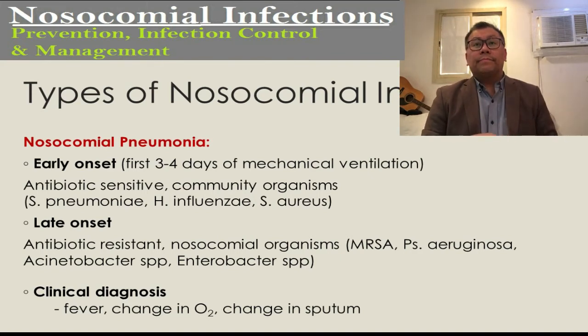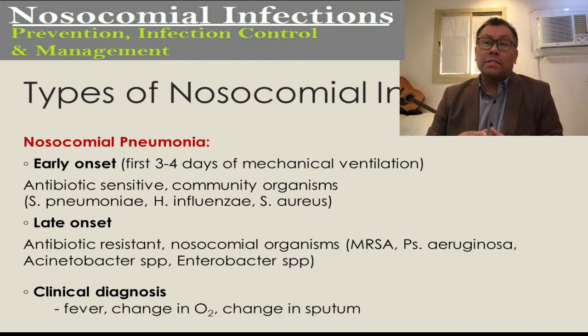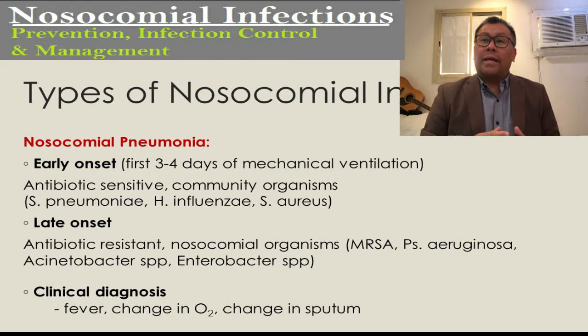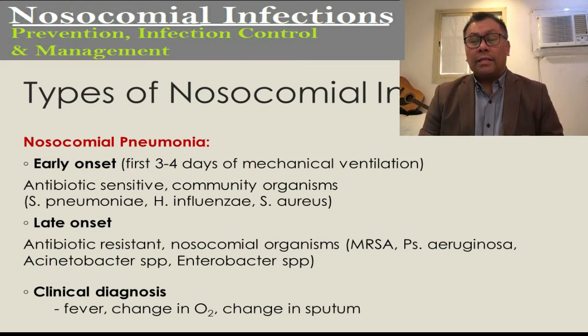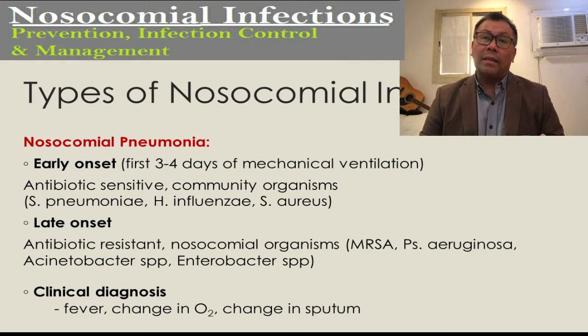Nosocomial pneumonia, the early onset for this one is the first 3 to 4 days of mechanical ventilation. Antibiotic sensitive community organisms, an example of this is Strep pneumoniae, H. influenzae, and Staph aureus. The late onset has antibiotic resistant nosocomial organisms.